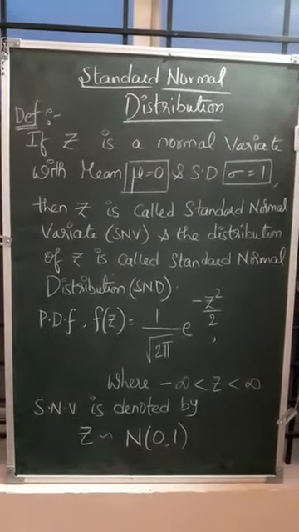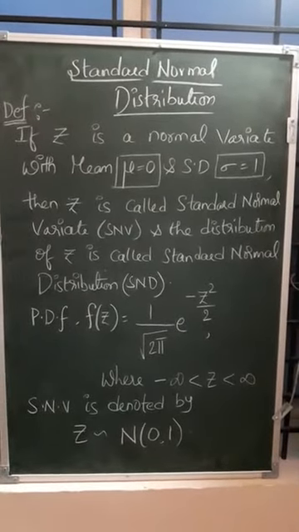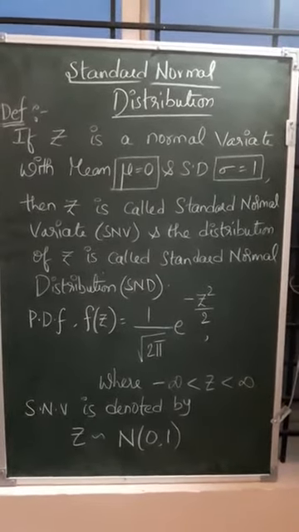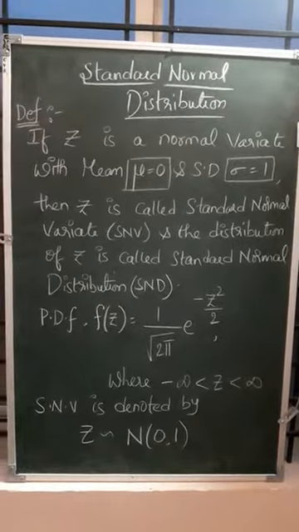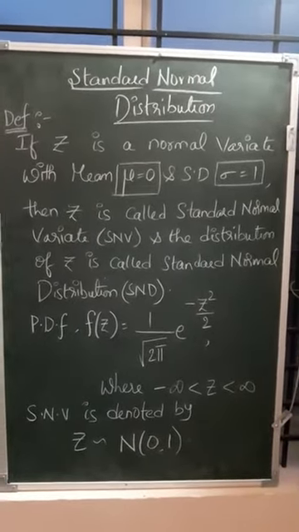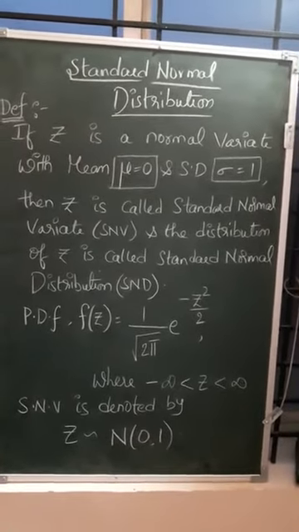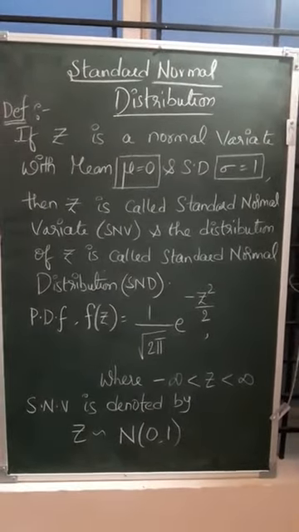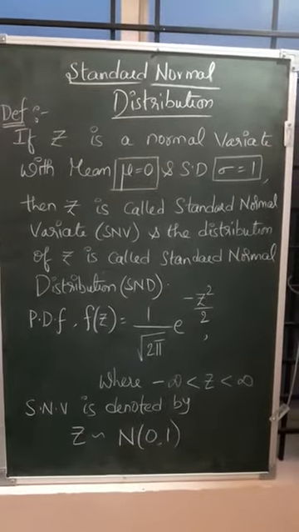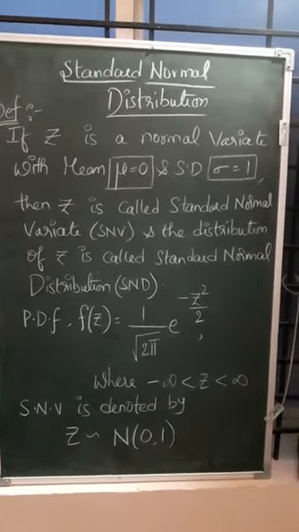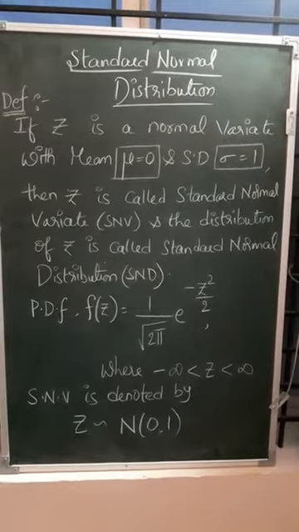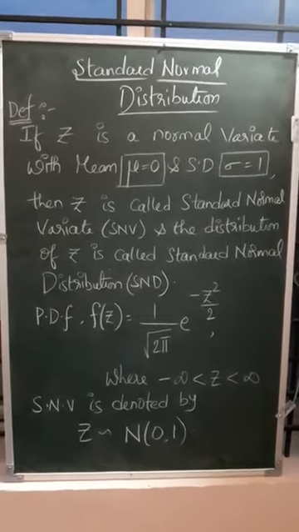See, I have put it in a box. Whenever the mean is 0 and standard deviation is 1, the normal variate becomes a standard normal variate, and the distribution of Z is called standard normal distribution. This is the definition of standard normal distribution.